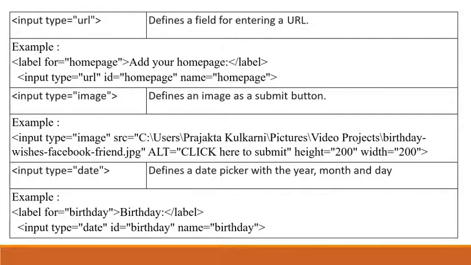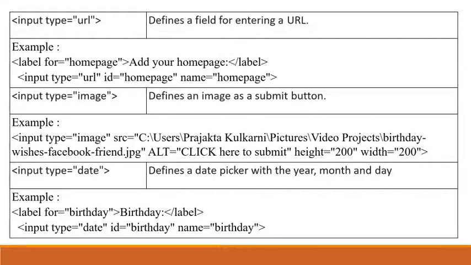Alternate attribute is used to display the alternate text, and height and width are used to set the height and width. So here we have seen directly the image tag, which is used to insert the image in the browser. So here input type is equal to image. This is a new control they have introduced.